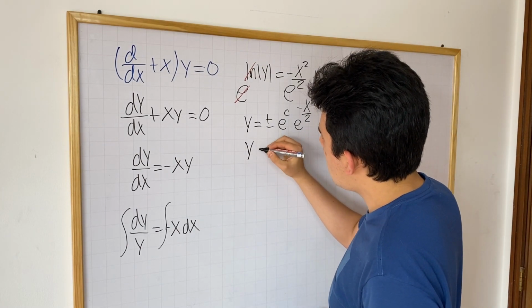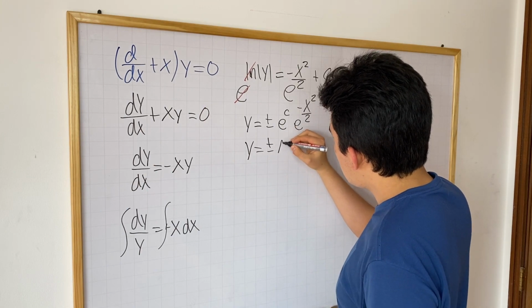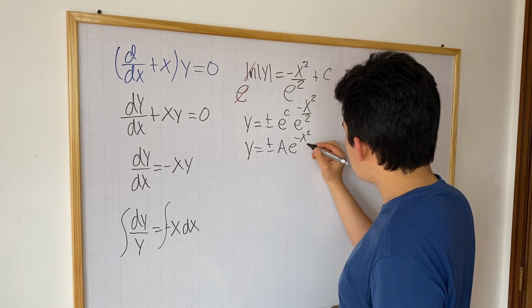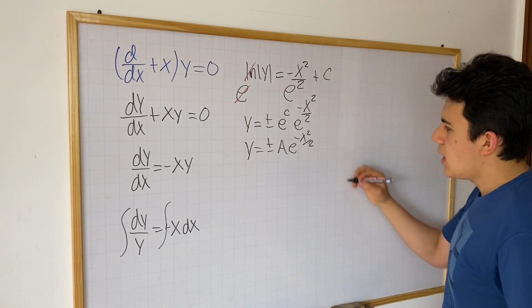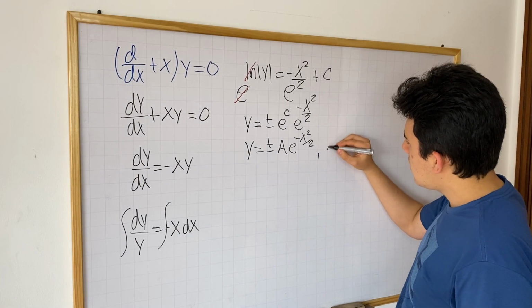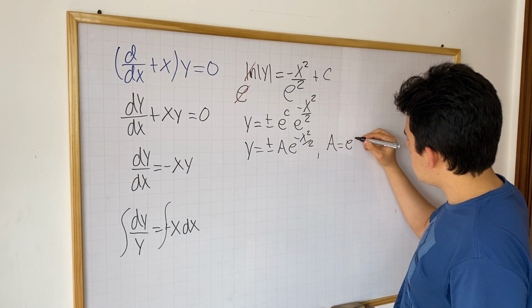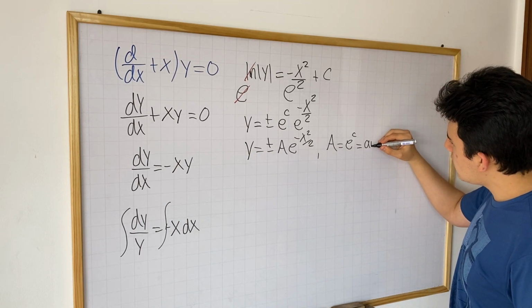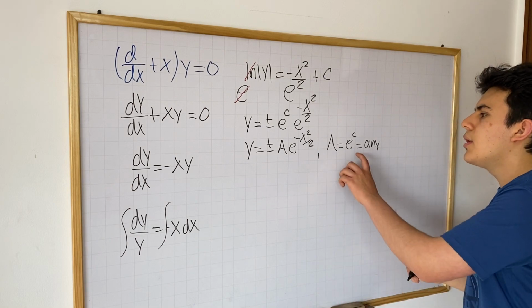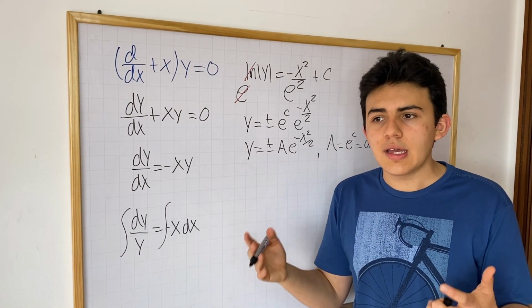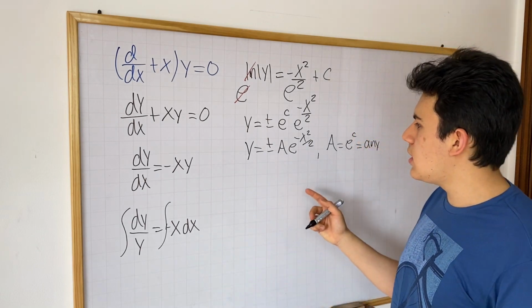So we would get y is equal to plus or minus a times e to the minus x squared divided by 2, okay? And I'm going to say that a is equal to e^c, which is equal to any coefficient, pretty much, because when you choose any c value, remember c can be any constant, and you can get any number that you want using base e.